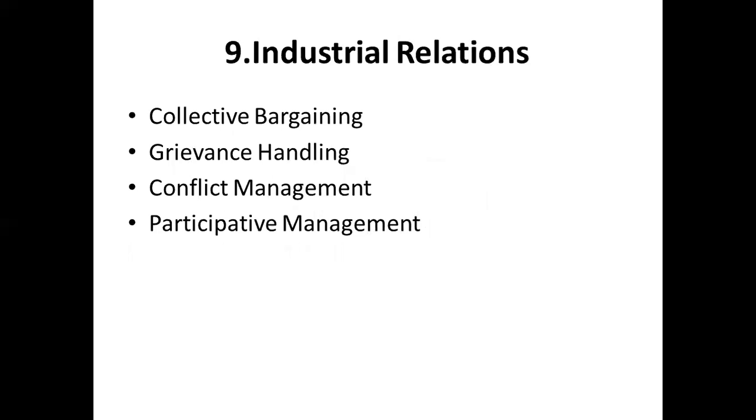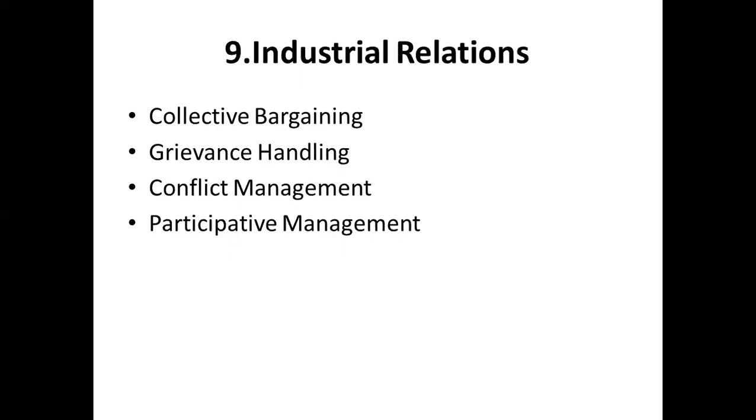And the last part of operative functions is industrial relations. You need to always have better industrial relations. There should be collective bargaining, where there will be a representative of labor and management to have a negotiation. Any problem between the management and the employees, there should be one platform wherein you can overcome that.